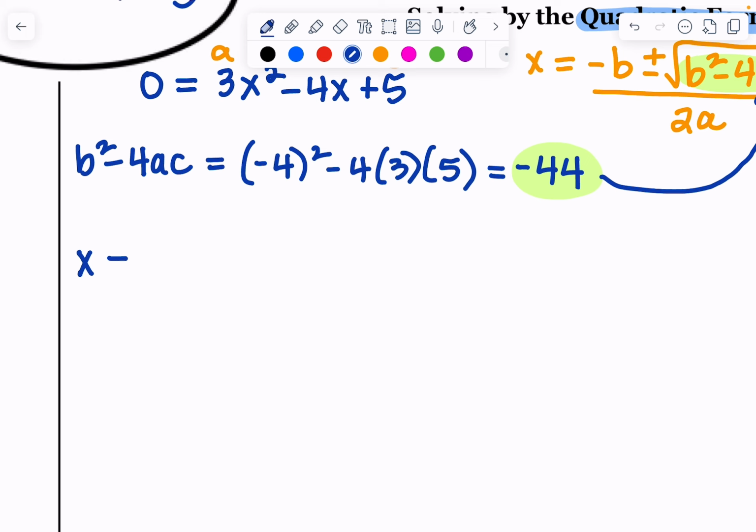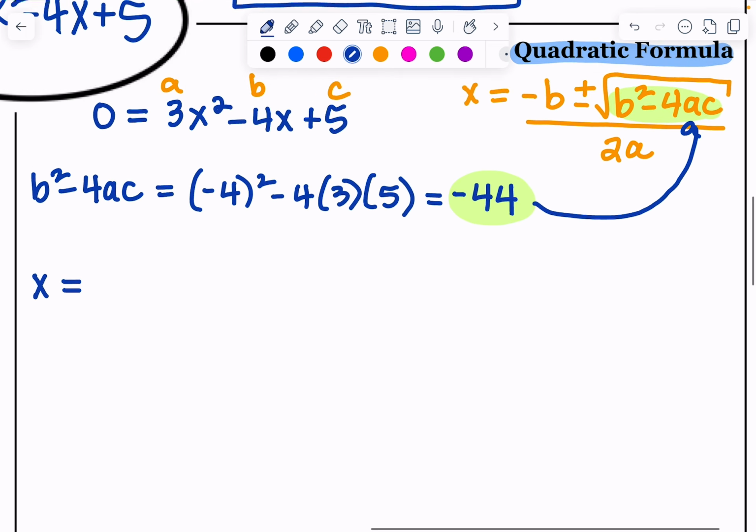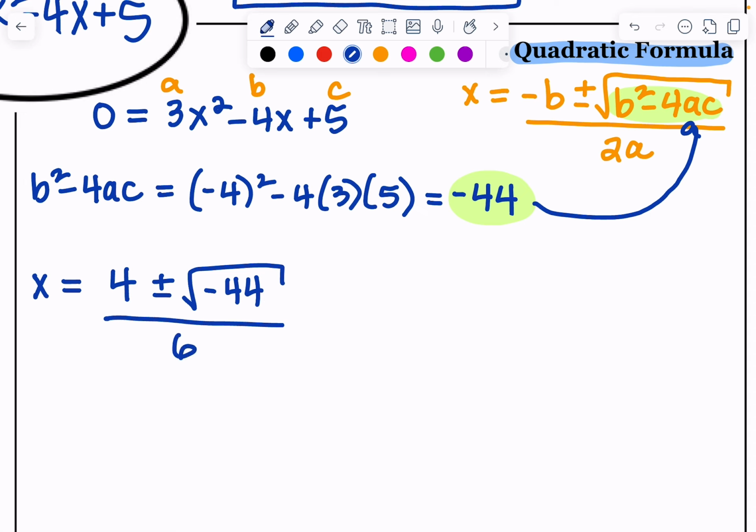So we're going to have x equals, we'll zoom out a little bit, negative b for us is going to be positive 4 plus or minus the square root of negative 44 over 2 times a, which is going to be 6. Now we first need to simplify that negative 44, and it's going to be negative 1 times 4 times 11.